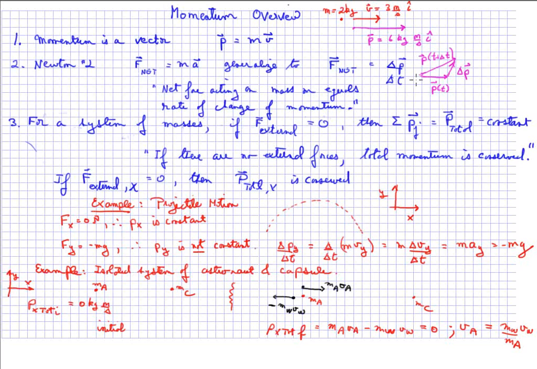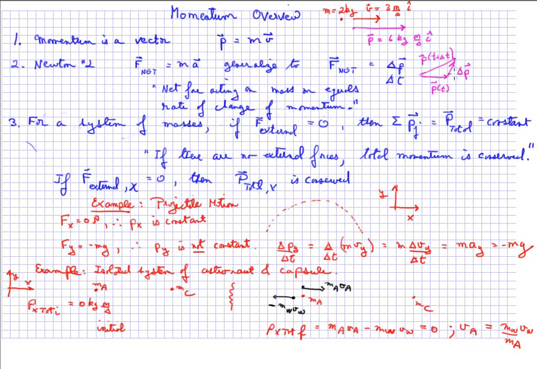Again, just think of a point mass, and let's say that a point mass has at time t a momentum p, as indicated by this first vector. And then at some later time it has a momentum p of t plus delta t. And in that case, delta p would be this vector right here, so that p of t plus delta p is equal to p of t plus delta t.